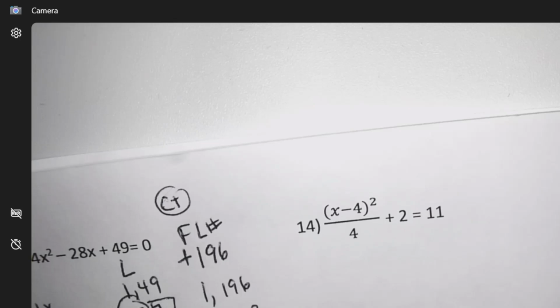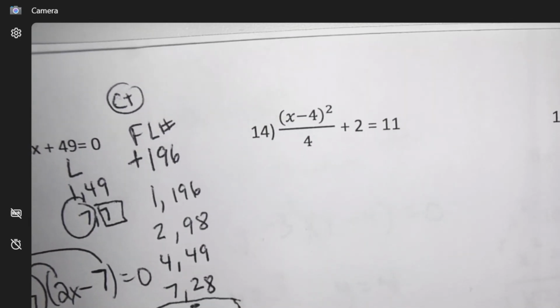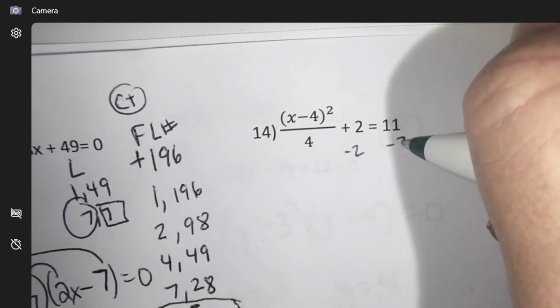Okay, number 14. I feel like a little bit of a challenge question. I think we're ready for it though. Okay, let's work on some isolation here. So I'm going to minus 2.